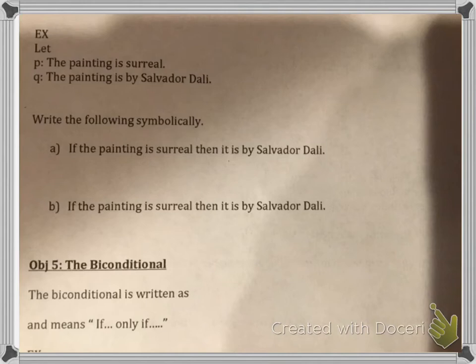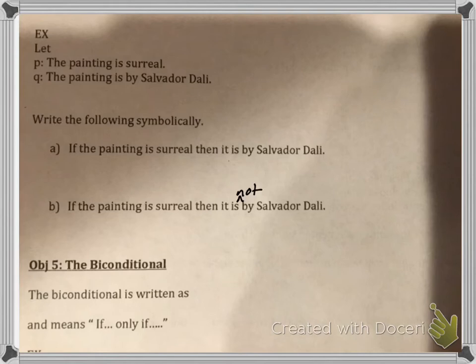Here's an example. P is equal to the painting is surreal, and Q is the painting is by Salvador Dali. Write the following symbolically. Part A: if the painting is surreal, then it is by Salvador Dali. And B is actually a boo-boo because it says the same thing. So let's put: if the painting is surreal, then it is not by Salvador Dali, just to make it a little different.